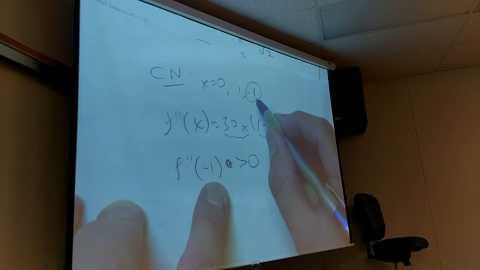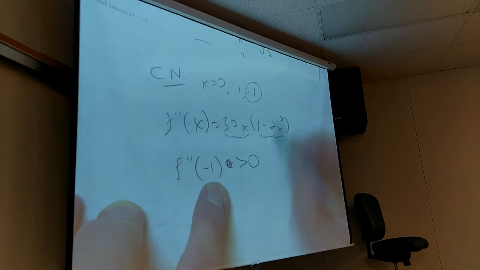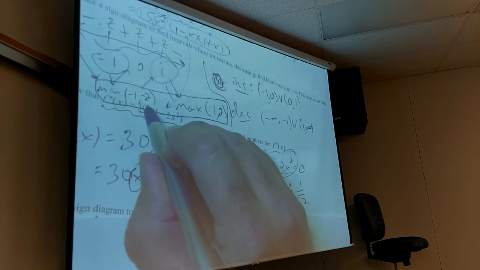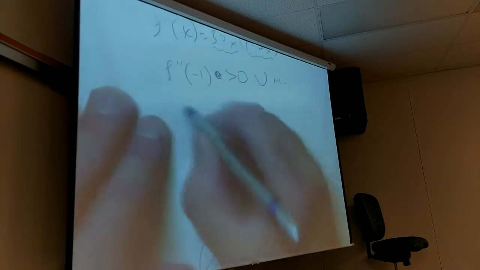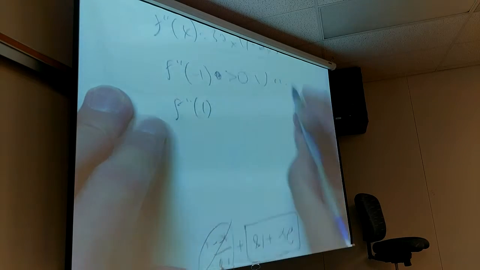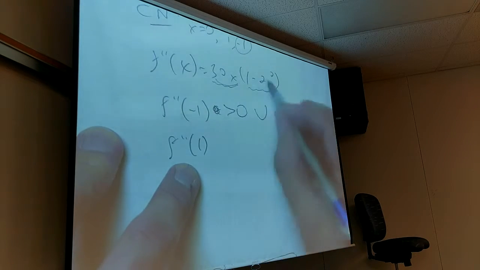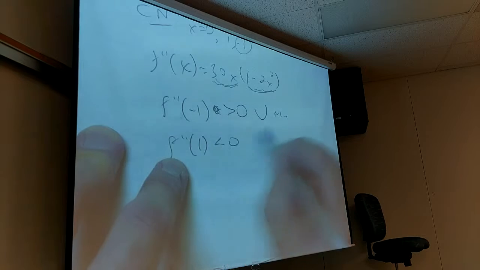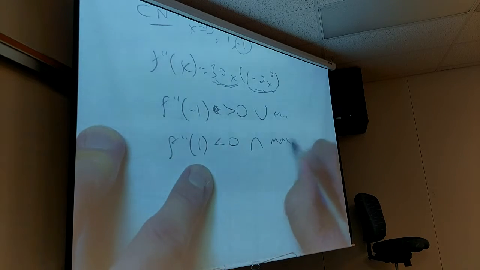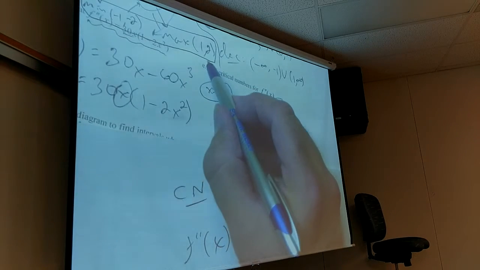So what's true at negative 1? If it's concave up, there must be a minimum. And sure enough, we got a minimum. All right, what about 1? I get positive times negative, which is less than 0. There must be a max, and we got a max at 1.